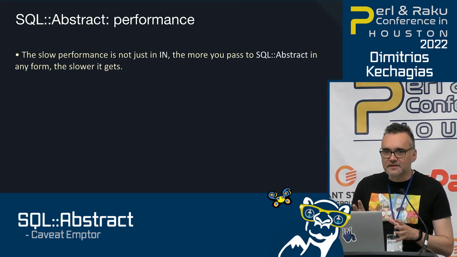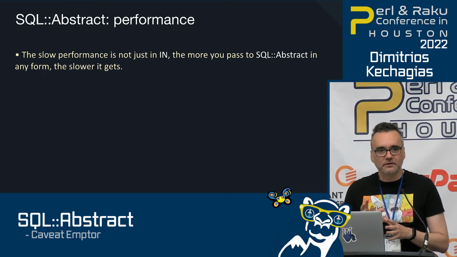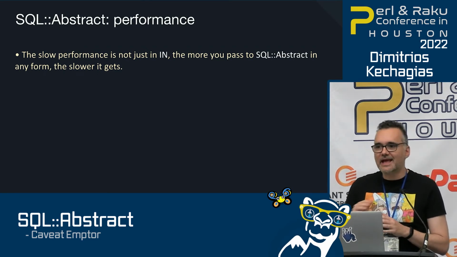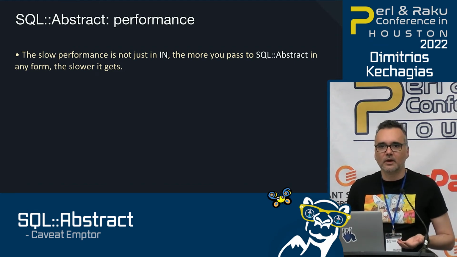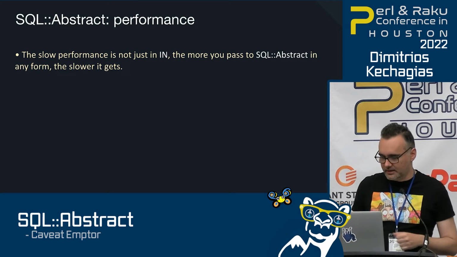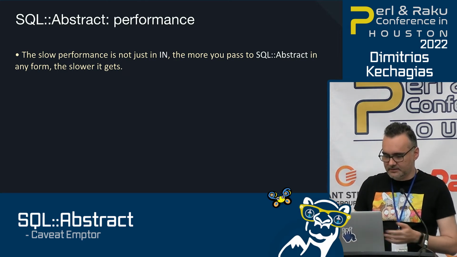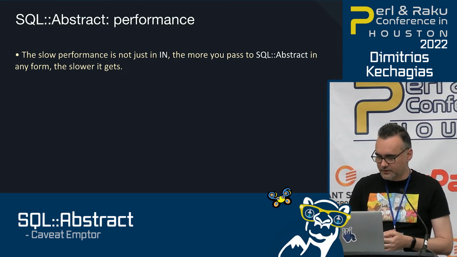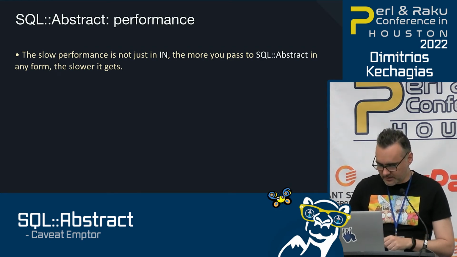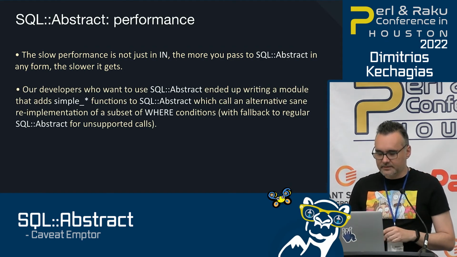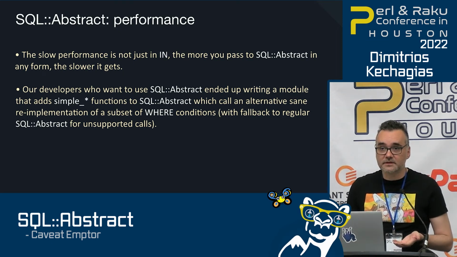I should note that the slow performance is not only on in, it's anything that produces a big string with SQLAbstract. It's just that we quite often use in with many keys, and that's where I hit the issue first. So the bigger the query, the slower it gets. And our developers still want to use it.